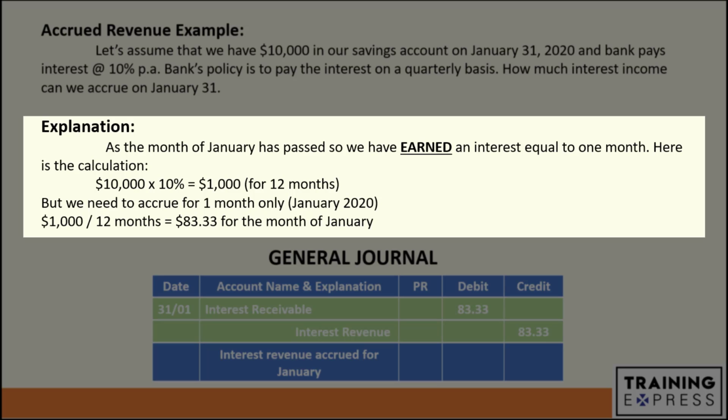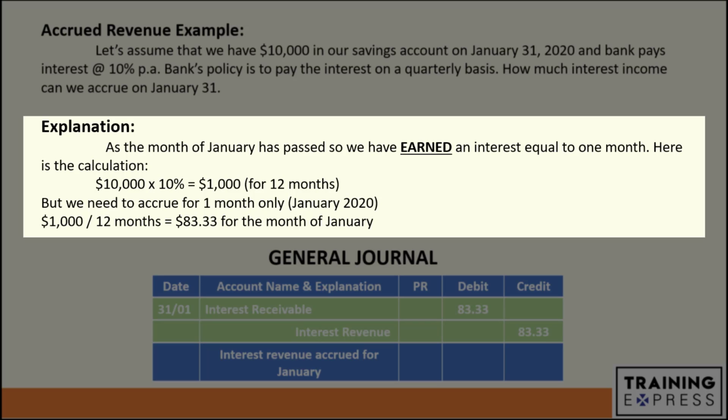Here is the calculation. $10,000 is our bank balance. We will multiply by 10% and we will get $1,000. But this $1,000 is for the whole year. Now we need to accrue for only 1 month, which is January 2020.